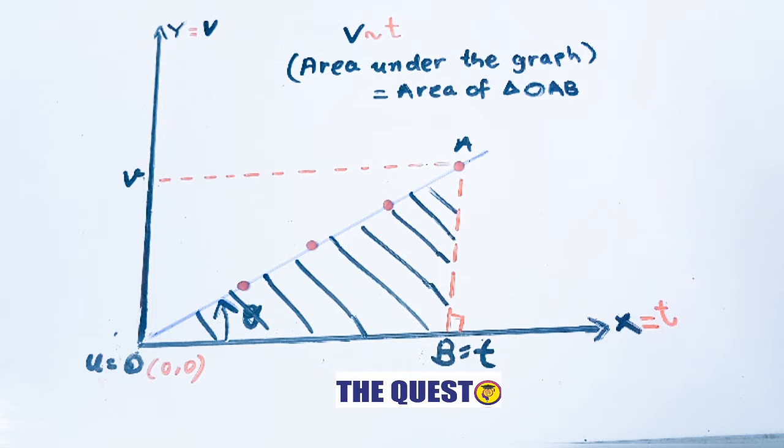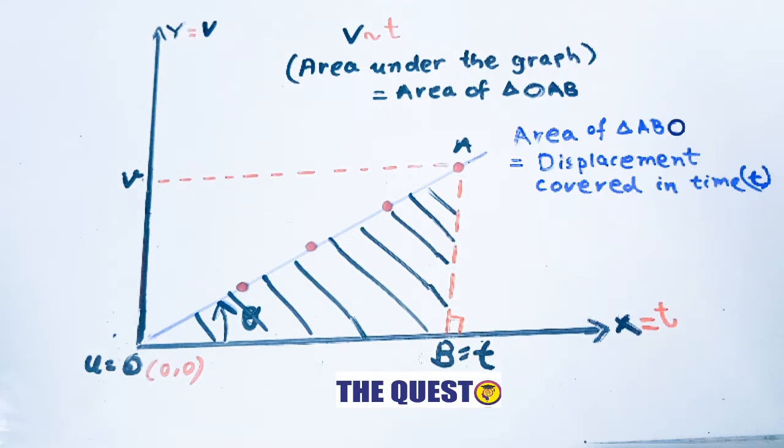In the velocity time graph, the area under the curve gives the area of the right angle triangle OAB, which is the displacement covered by the body in time t, which is equal to half AB into OB.